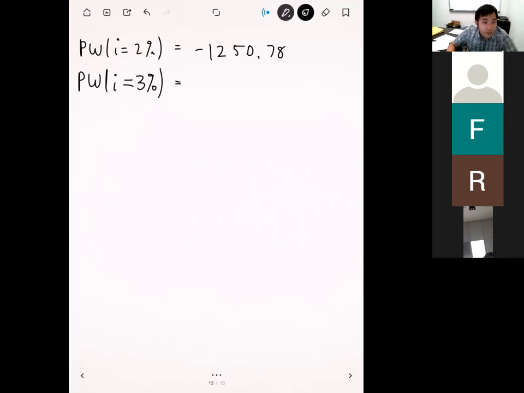And then the present worth that we got when i is equal to 3% was $620.45. And so what we want to do here is interpolate in between the two.